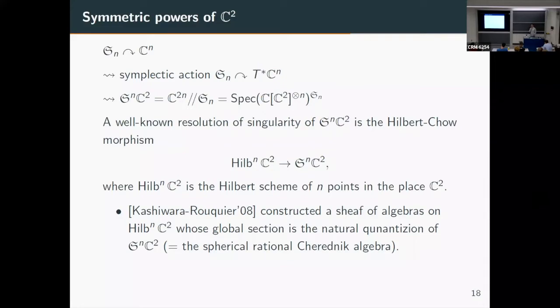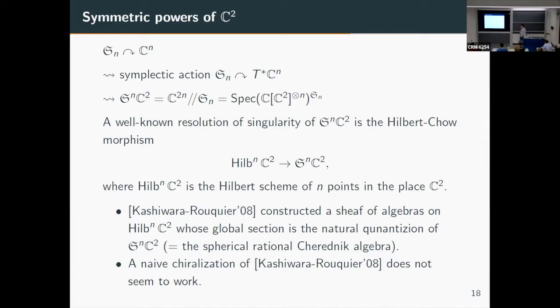So it's tempting to try to chiralize their construction to obtain a vertex operator algebra, but naive affinization of their construction does not seem to work because of the existence of an obstruction to constructing a sheaf of vertex operator algebras.